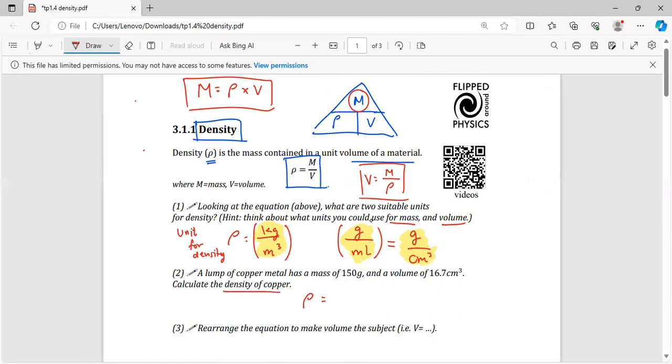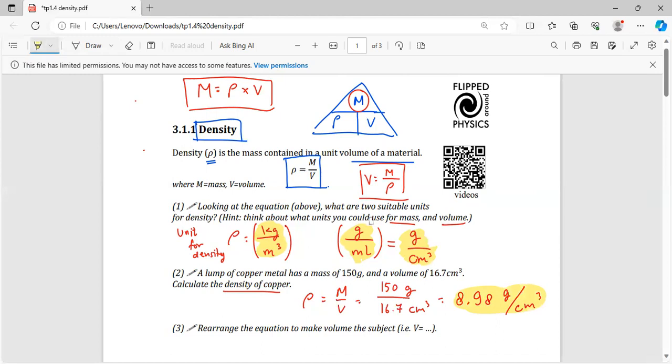The density is the mass divided by the volume: 150 grams over 16.7. Using a calculator, I got 8.982. The units are gram over centimeter cube. That's the answer for number two.